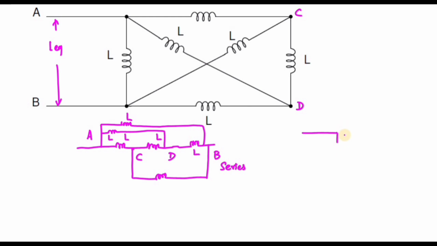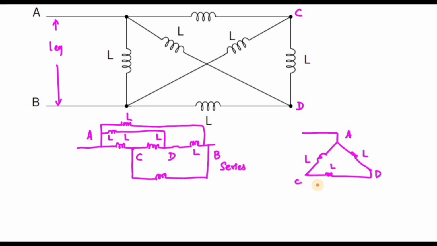Therefore, I can read out the circuit starting from A. From A to C, I have one inductance. Then I have an inductance from A to D. Then from C to D, I have one more inductance.